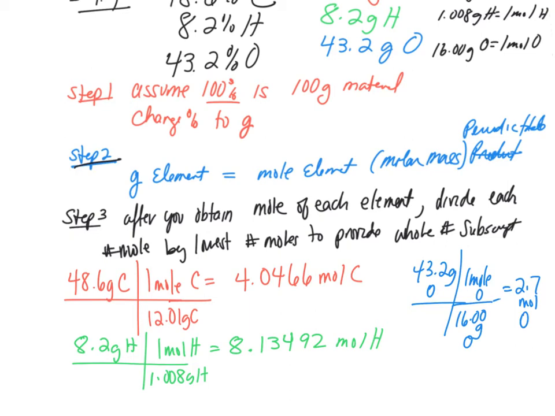So now we're at step 3, and we want to divide each number of moles by the lowest number of moles to provide whole number subscripts. So we have 8, we have 4, and we have 2. So we agree that this is your lowest number.